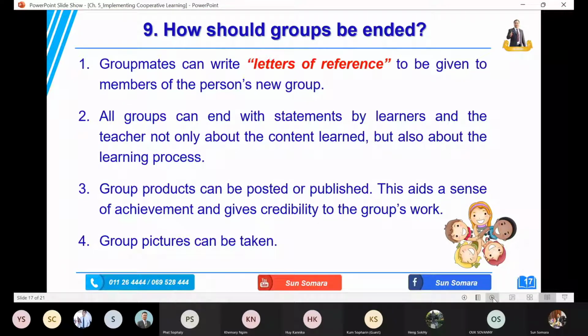How should a group be ended? So number 1, group mates can write a letter or reference. It can be a thanksgiving letter or about other achievements that they have helped with so far together, to be given to the members of the new group.